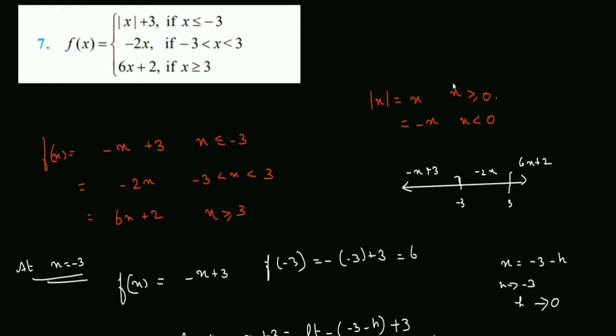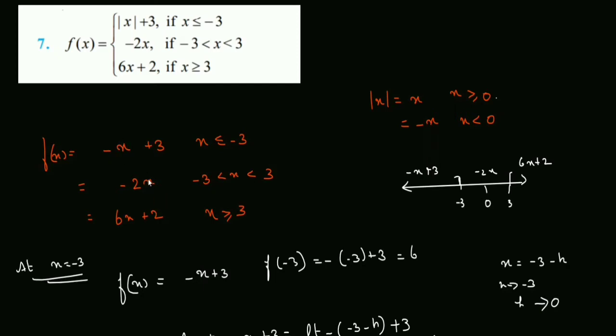So this modulus function we have learned already. So we are going to replace this modulus of x as minus x because x is less than or equal to minus 3. You know that x less than 0 itself, 0 is somewhere here. So less than 0, the function is minus x. So minus 3 is less than 0, so I am writing here minus x.